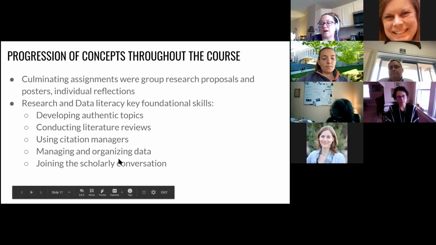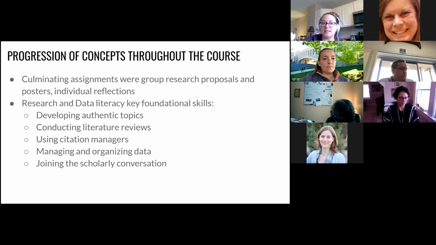So the progression of the concepts throughout this course, we really see these assignments as culminating all the way up to that research proposal and poster. Students complete this variety of assignments in this order and hopefully continue to naturally learn more about their topics, about research, about the research process. And to prepare them for the final, we really see each of these topics feeding into the next, and there's this continual open dialogue between the instructors and the students, between the students and their group mates, and between the students and the class.